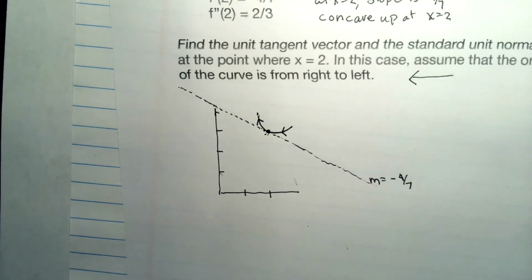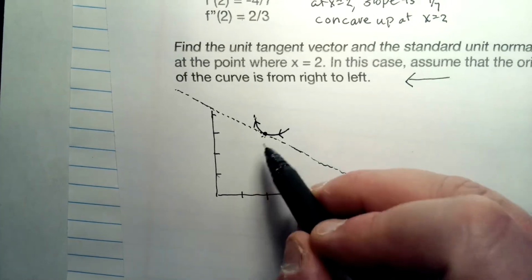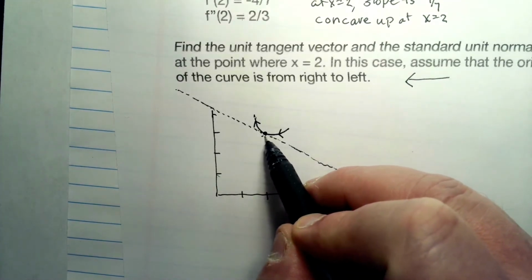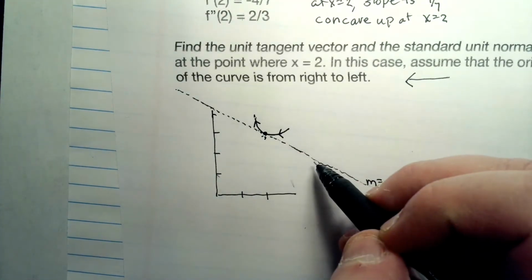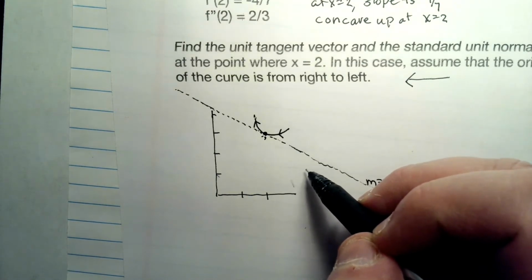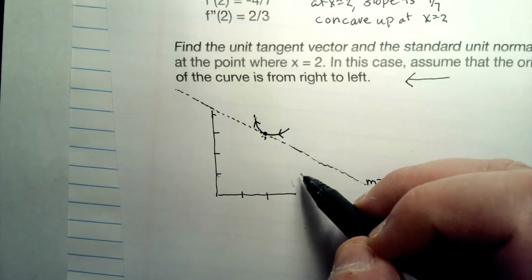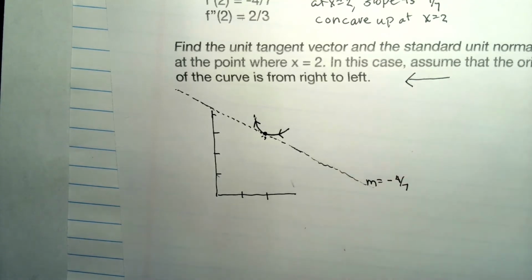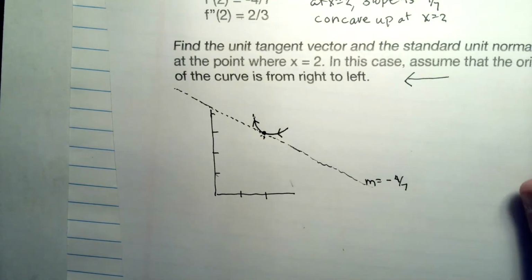So what does that tell us about the unit tangent vector at this point? Well, we know it's going to be parallel to this tangent line, and the proper place to draw it would be so that it coincides with the tangent line. We also know which direction it's going to be pointing in.